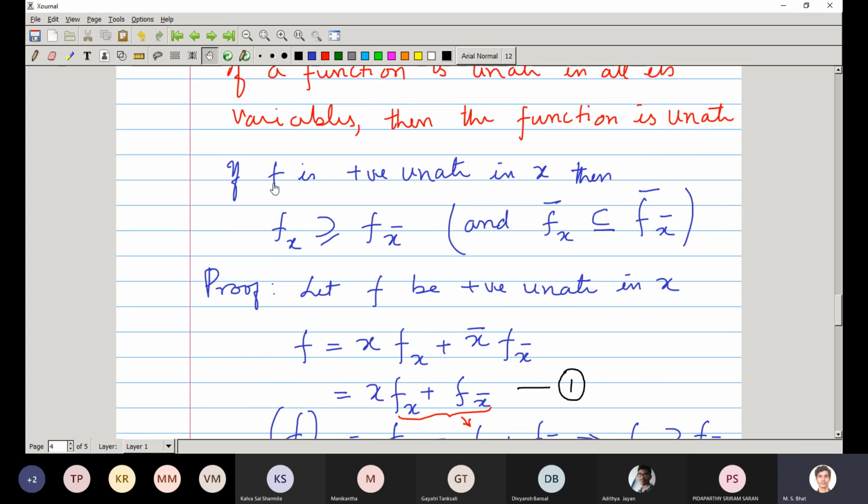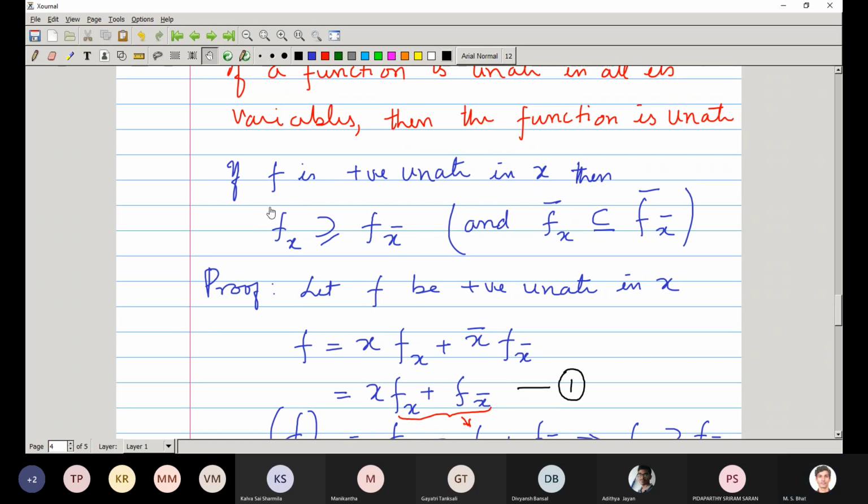You don't have a term X bar appearing in F. So Fx contains Fx bar, because F is positive unate. That means F has a few cubes in which X appears in the uncomplemented form, or does not appear at all.